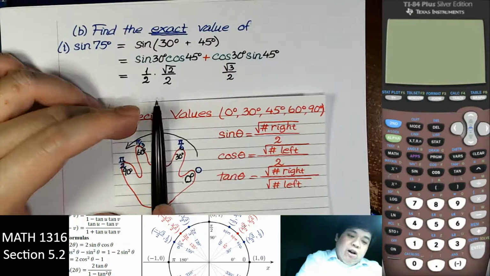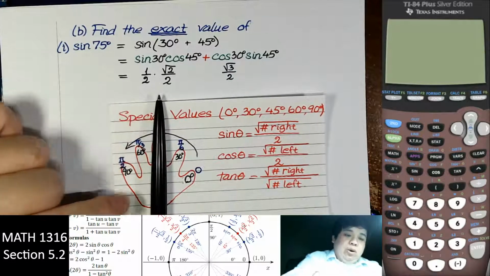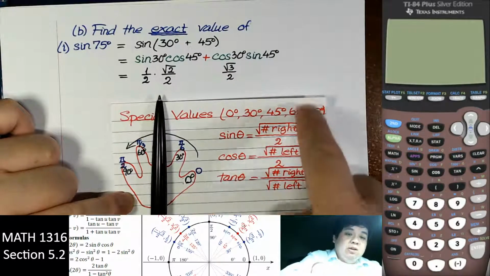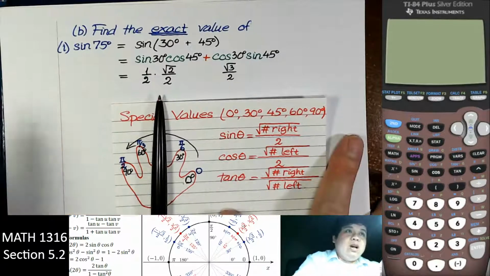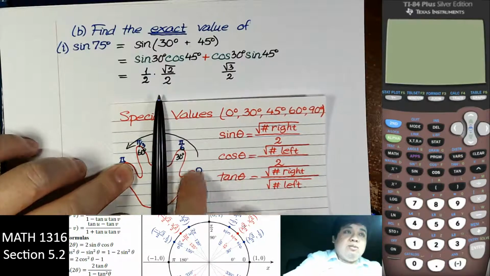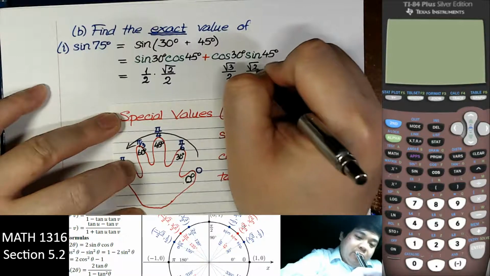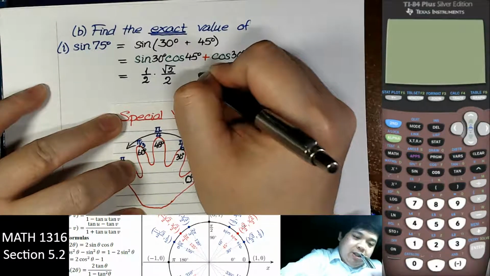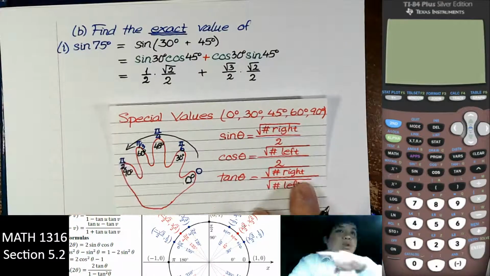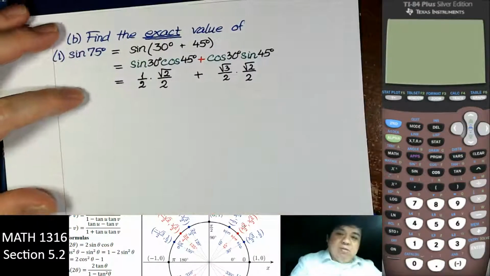And sine of 45 degrees. We have 2 fingers on the right. Sine is on the right, cosine is on the left. So we have 2 fingers, so we have square root of 2 over 2. Either way, we use the unit circle or the right hand trick.